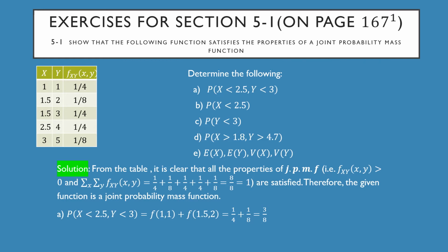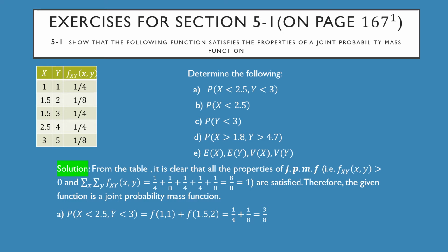The third point, x equal to 1.5, is correct for x less than 2.5, but for y equal to 3 it is not correct. So we have 2 points. Let us now write down the values of the joint probability mass function for x equal to 1 and y equal to 1, and after that x equal to 1.5 and y equal to 2.